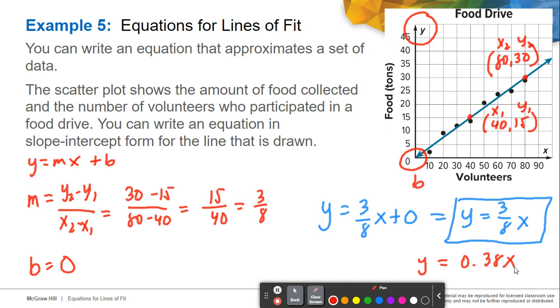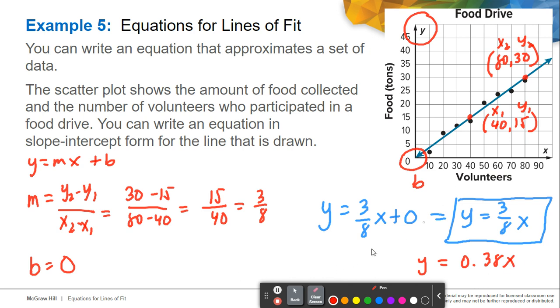Okay, it will help you also to predict what will be the amount of food in tons if you have, let's say, 200 volunteers. Okay, how much food will they collect? Okay, we don't have 200 in our graph, right? So if we want to predict, what if we have 200 people?